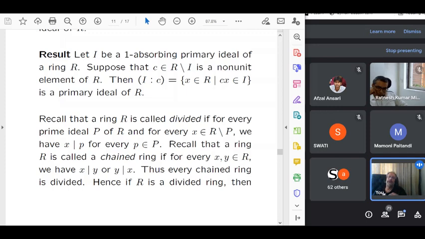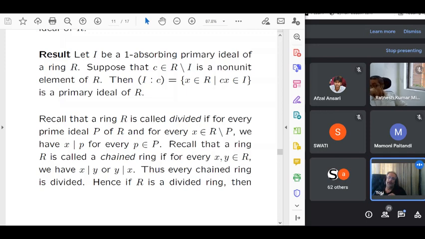A divided domain means if you choose an x outside P, then P has to be a subset, or a sub-ideal, of the ideal xR. This is how you put what we mean by a divided domain.